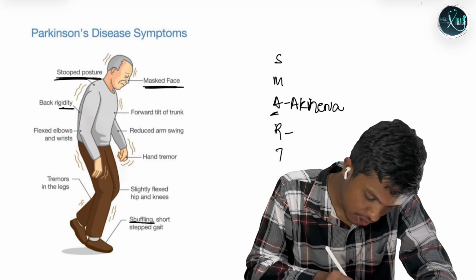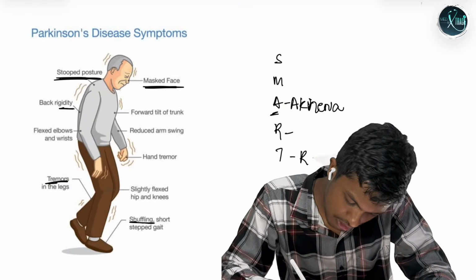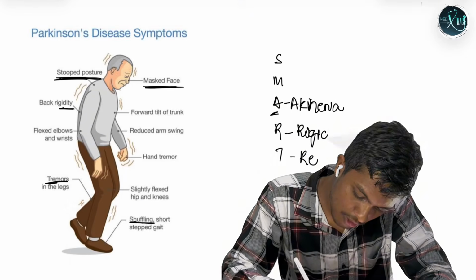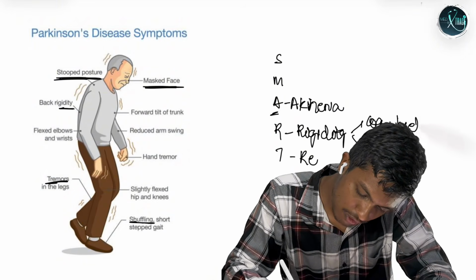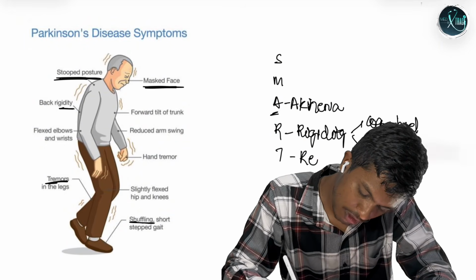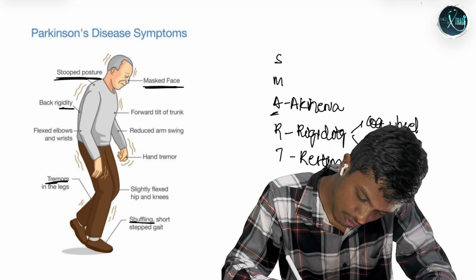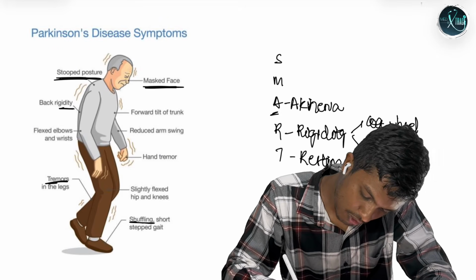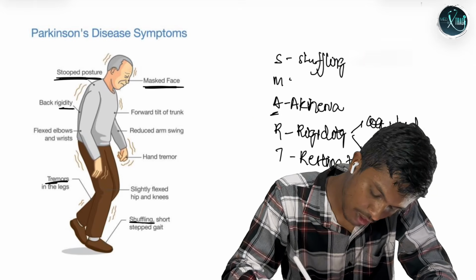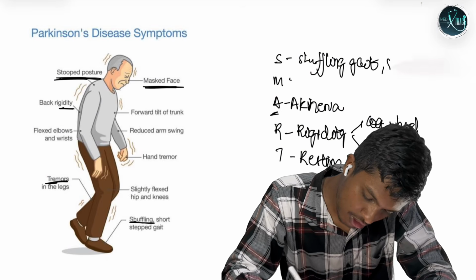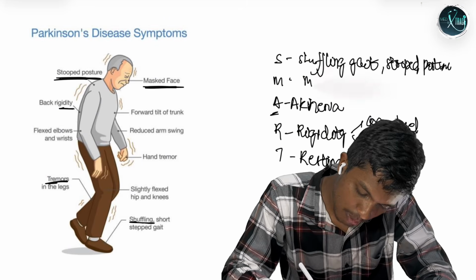Then R stands for rigidity, and T stands for tremors, usually resting tremors. Rigidity is of two types: cogwheel and lead pipe rigidity. So, shuffling gait and a stooped posture. M is masked face.